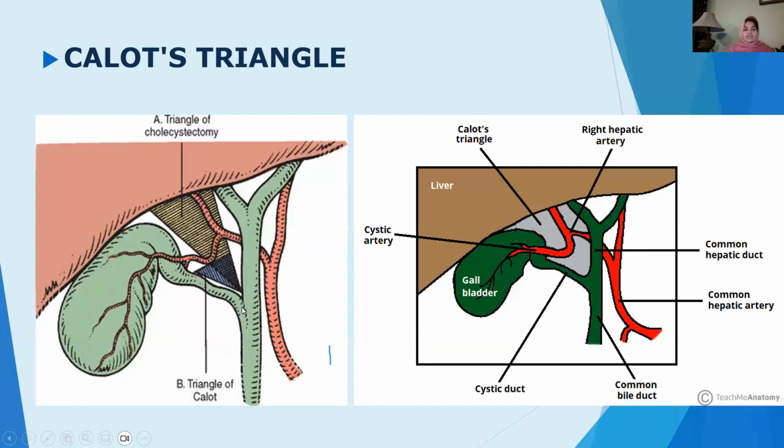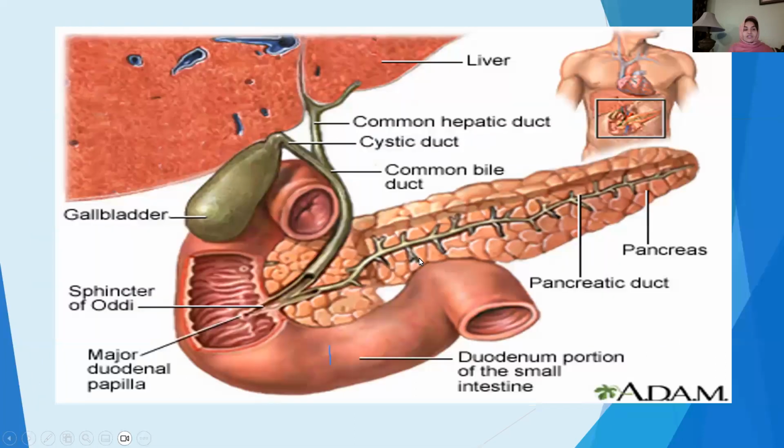We know that there are two pancreatic ducts. We are not going into detail. Sometime, inshallah, we will study the pancreas as well, acute or chronic pancreatitis.